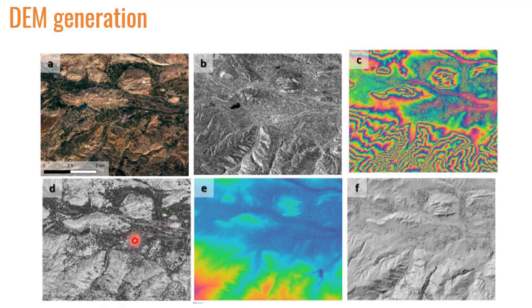And then after we have the coherence, the correlation between the two images, and the interferogram, we can create the phase unwrapping. Phase unwrapping is nearly like DEM generation. After that we can change from phase unwrapping to the elevation from here.